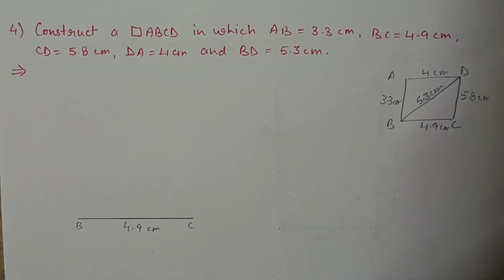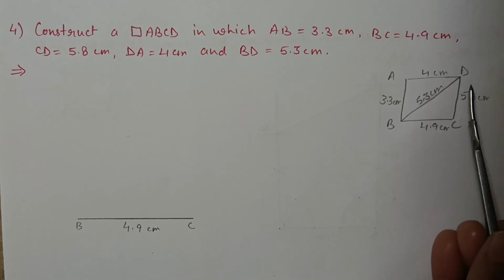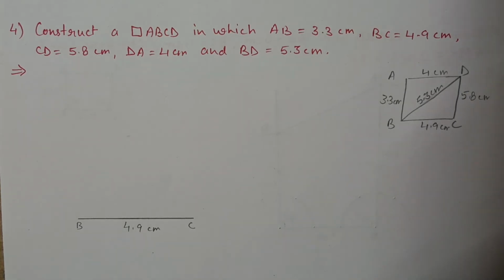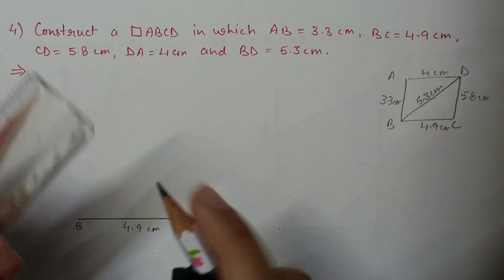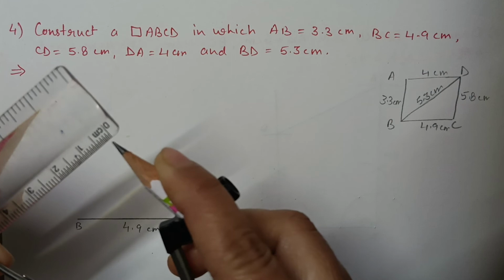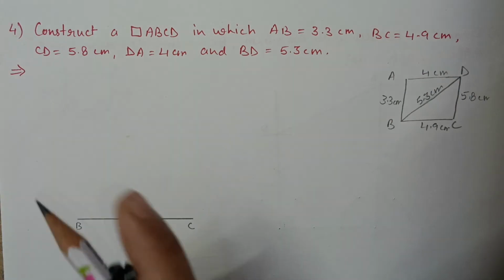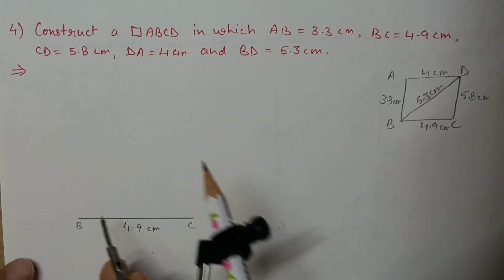After that, from B a 5.3 centimeter arc, and from C a 5.8 centimeter arc. So first we will take 5.3 and from B we will put one arc.